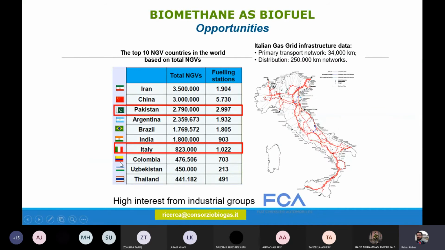This is the table which is showing the potential of natural gas value, total natural gas value in terms of the existing setup of potential of the production of biogas.